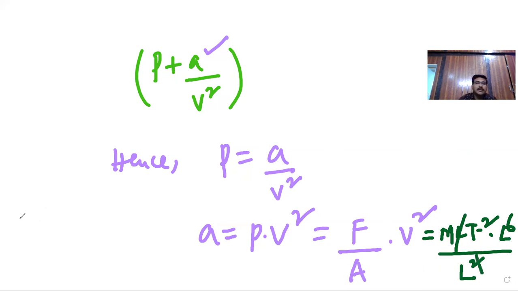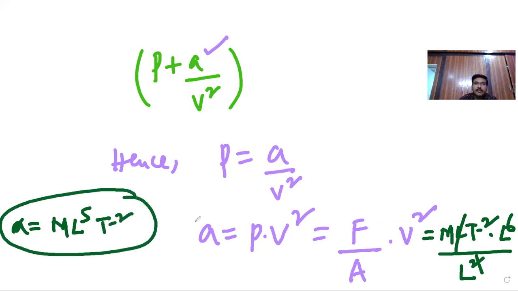So the final constant has M, and one L goes and another L goes, so L to the power of 5 T minus 2. This is the required dimension formula: M L to the power of 5 T minus 2.